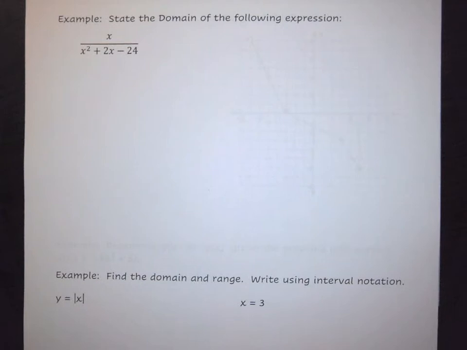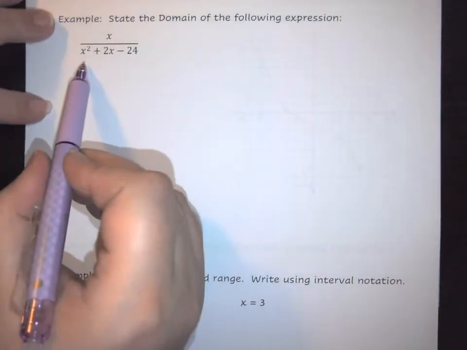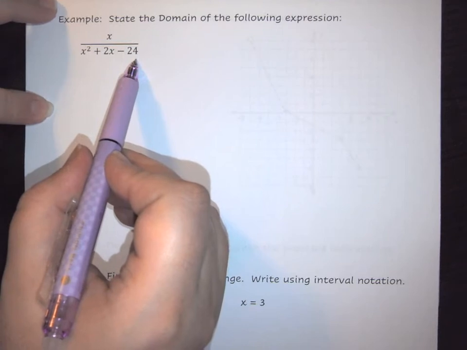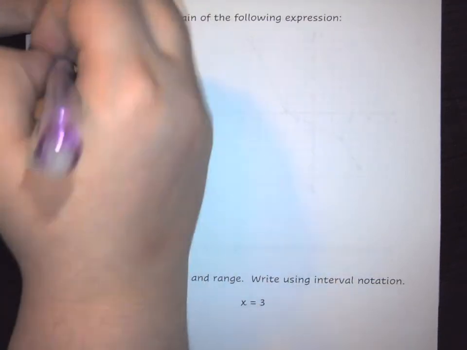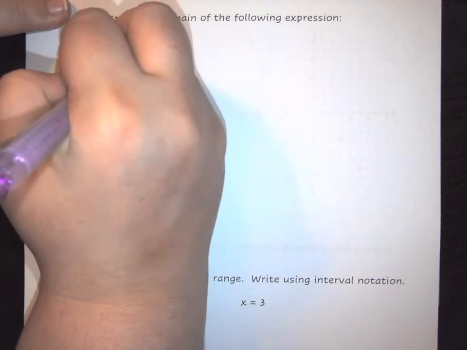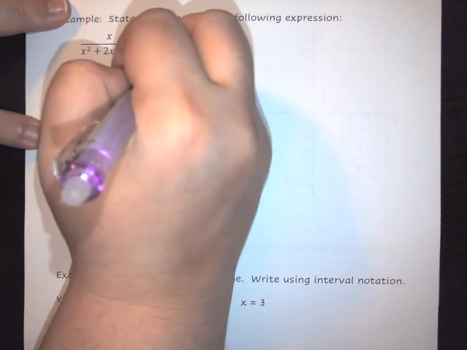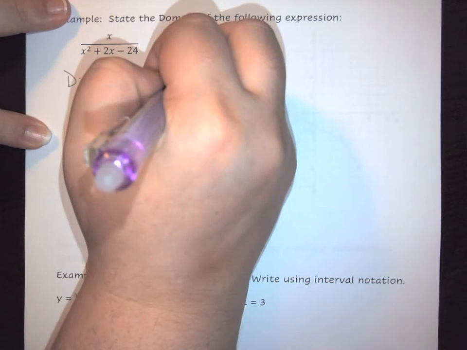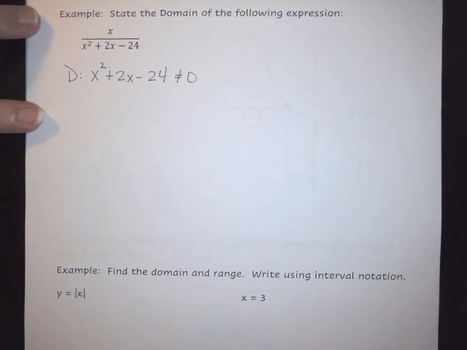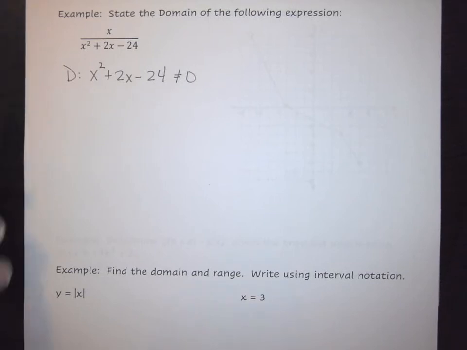Alright, we want to do the same thing here. We want to state the domain, but in this case we have a quadratic underneath. So essentially we're using the rational rule. So what this says is that my domain is such that x squared plus 2x minus 24 cannot be 0, and I have to solve for x. So here you can use whatever quadratic rule you're the most comfortable with.